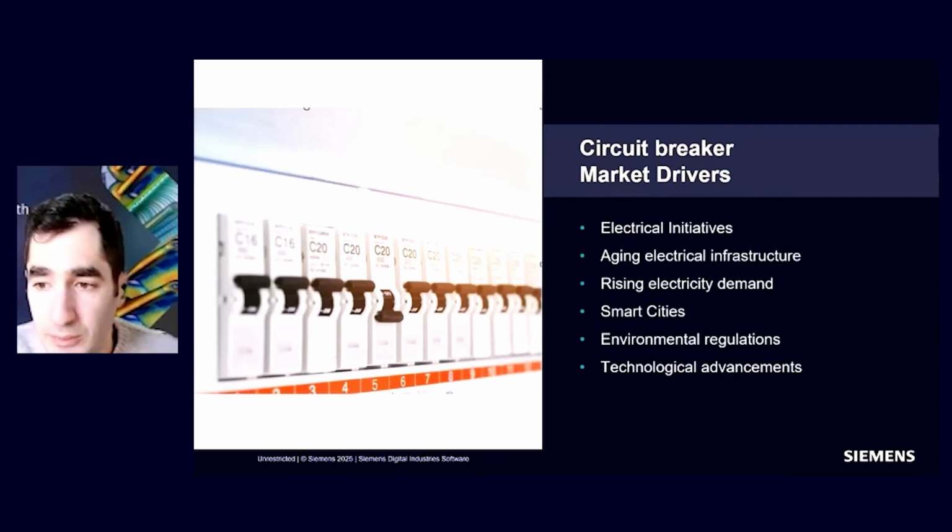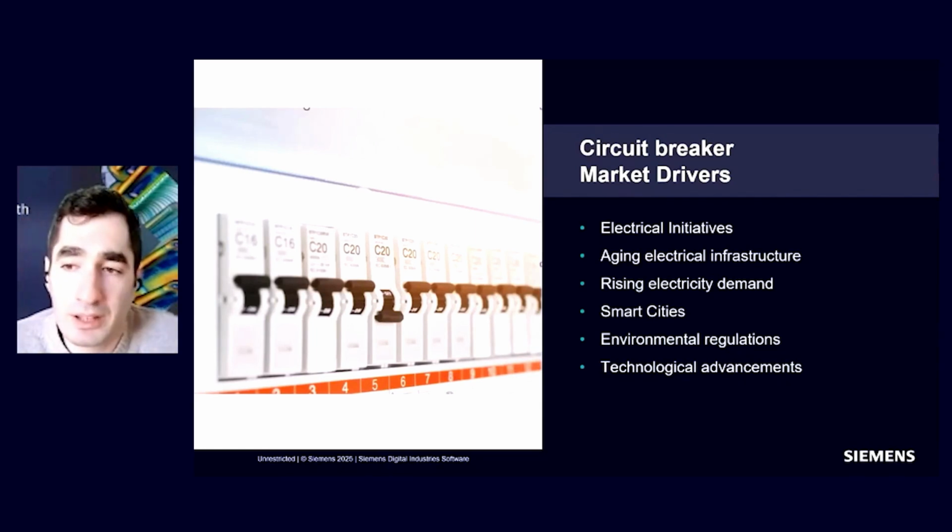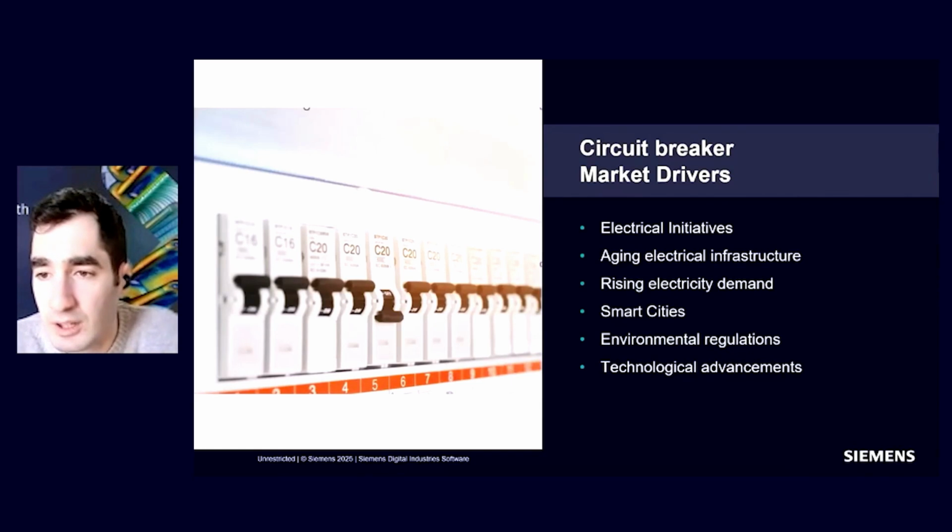Then development of smart cities. The development of smart cities requires advanced electrical systems for efficient energy management and is also driving the market for circuit breakers. Environmental regulations: stringent environmental and safety regulations related to certain types of circuit breakers, an example is the SF6 circuit breakers, are influencing the market dynamics for sure.